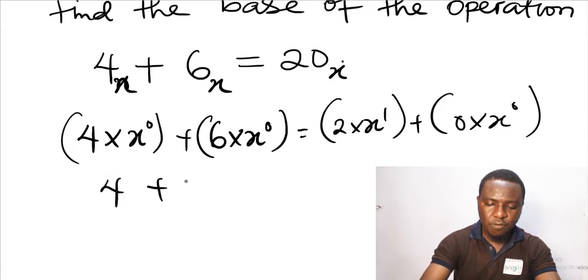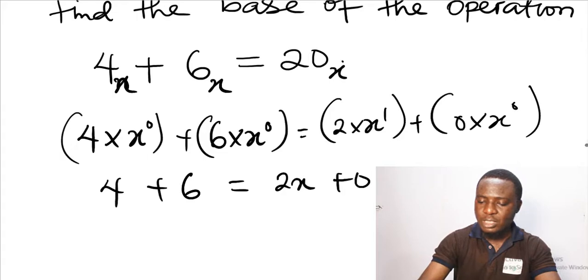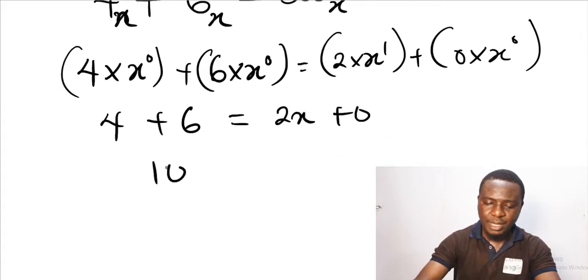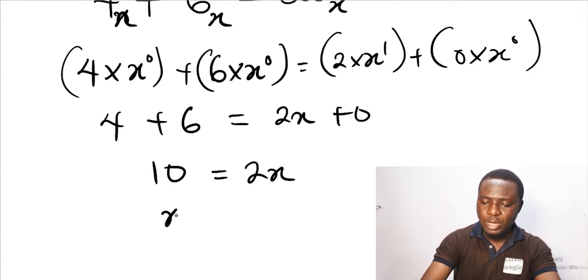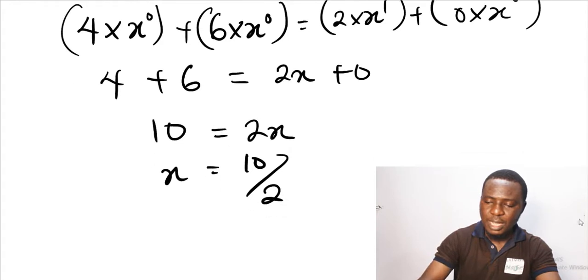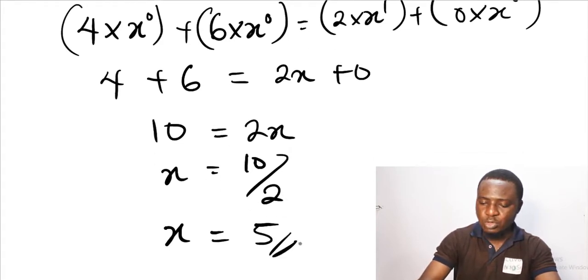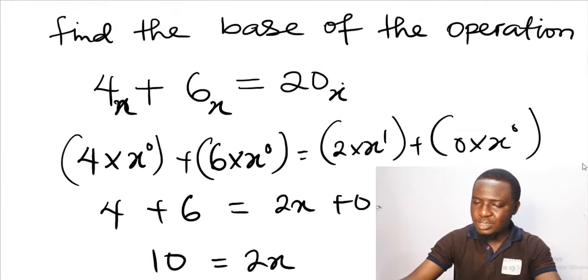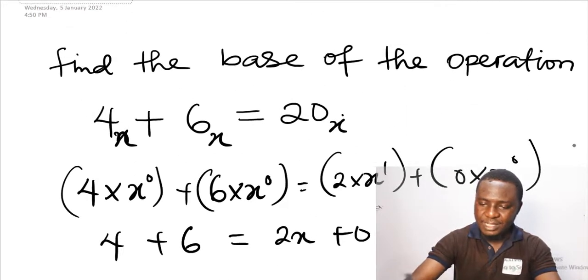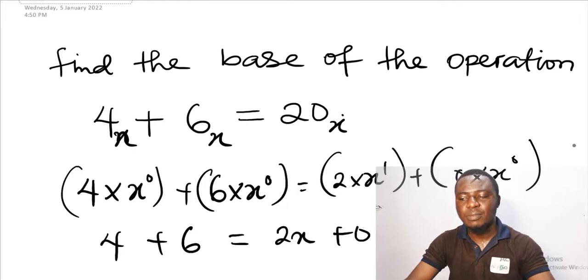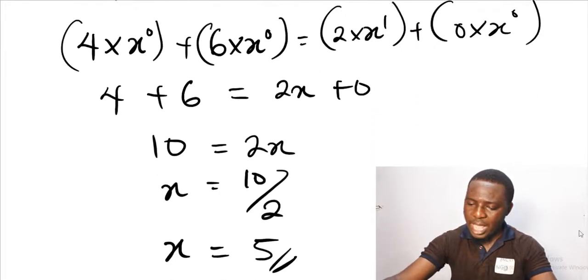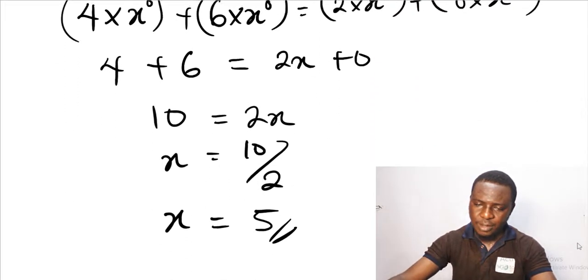This is said to be 4 plus 6 is equal to 2x plus 0. This becomes 10 being equal to 2x. x now becomes 10 over 2, and x is said to be equal to 5. It is only in base 5 that this can happen. So our x is said to be 5.